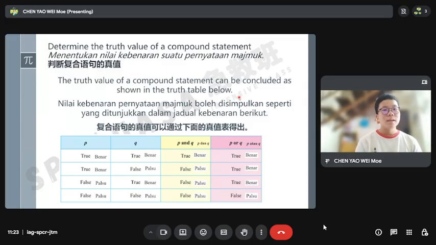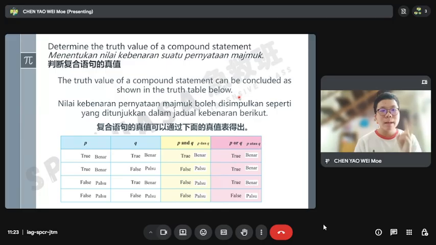If one statement is correct but the other is wrong, for P and Q, both statements must be correct. If one of the statements is not correct, it becomes false. For P or Q, we can choose one of the statements. Whether the other is wrong or true, if one of the statements is true, then it is true.